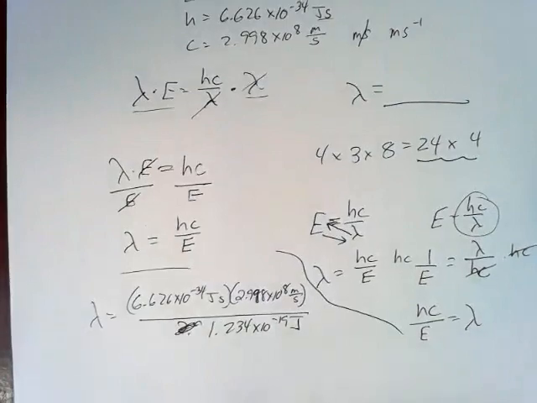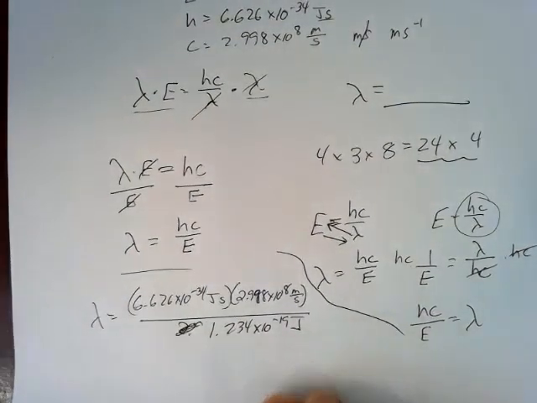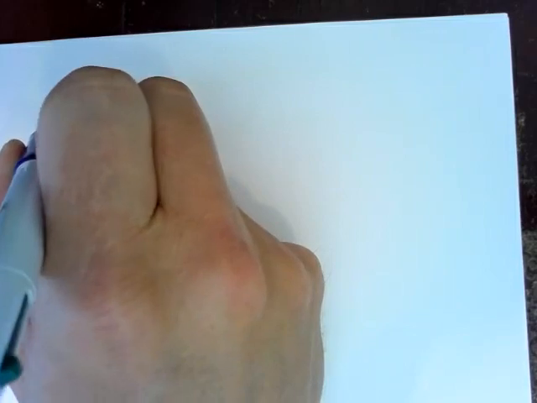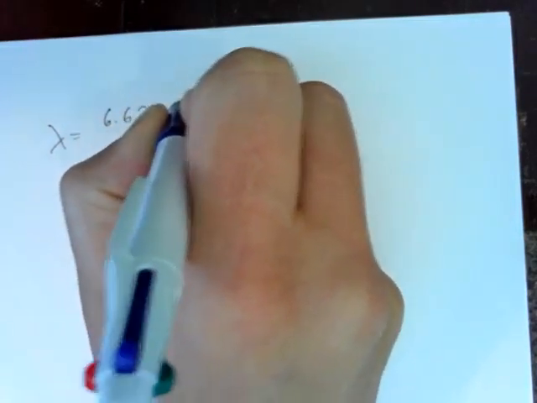This is getting a little crowded there, so I'm going to maybe switch pieces of paper and simply rewrite that. My apologies, but I want to make sure people can see this.